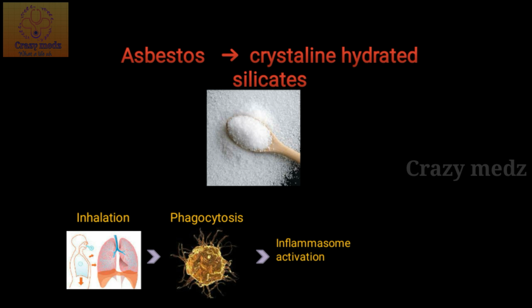All these cause initial injury at the bifurcation of small airways and ducts, where the asbestos fibers penetrate, and these are directly toxic to the pulmonary parenchyma.